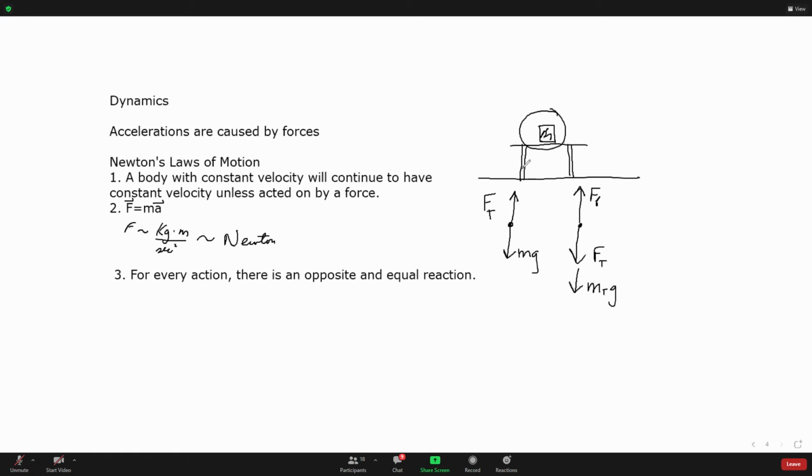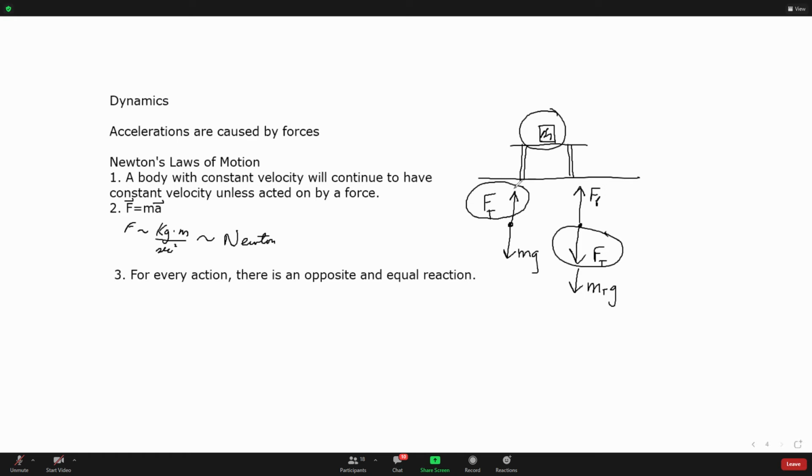Okay, so these two forces right here are equal in magnitude, and they constitute an action-reaction pair. So action-reaction pairs do not cancel each other because they act on different bodies.